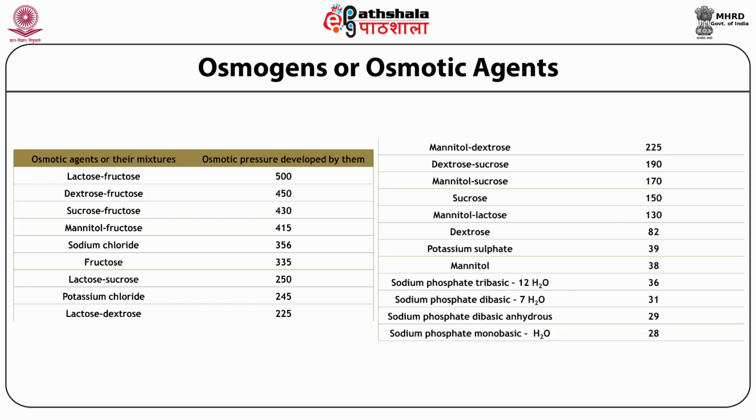This is the list showing you what kind of material or osmogens you should use, because here is the list of the pressure exerted by the particular category of osmogens. But look, this osmotic pressure developed is also a concentration dependent phenomenon.